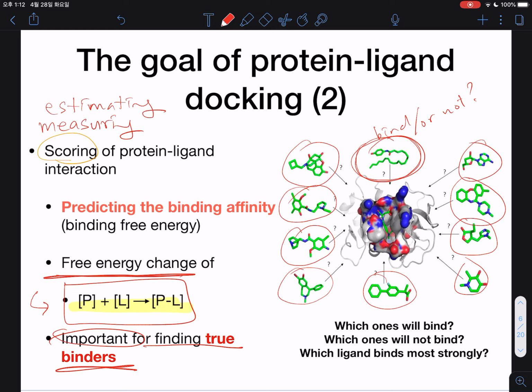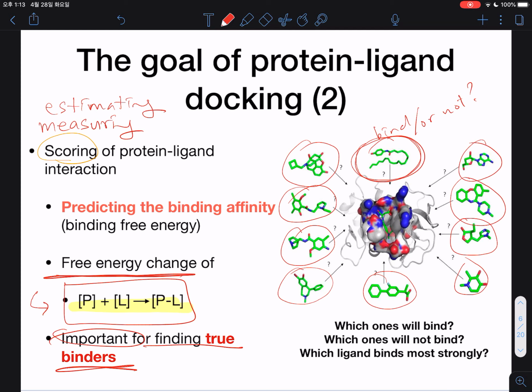So if we can predict accurately whether this ligand will bind with this protein without doing experiments, then it'll save us a lot of time and effort to screen real, promising drug candidates.